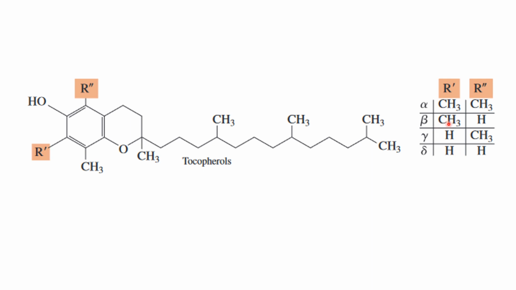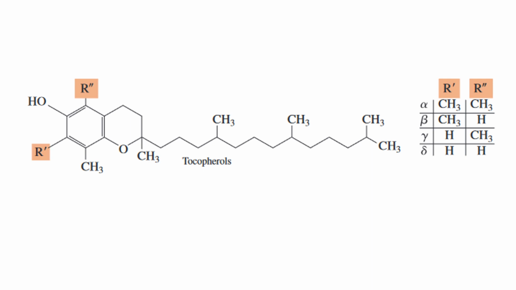If in R prime you have a methyl group and in R double prime you have a hydrogen, then that is the beta tocopherol. The tocopherol form with the greatest biochemical activity is alpha tocopherol. So this one.